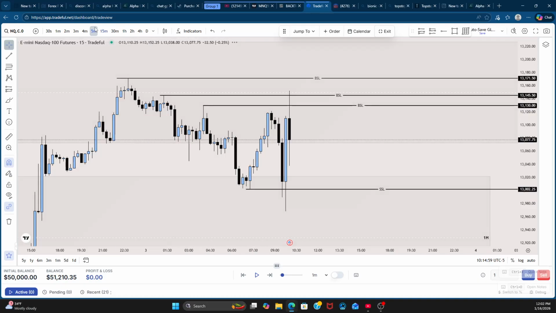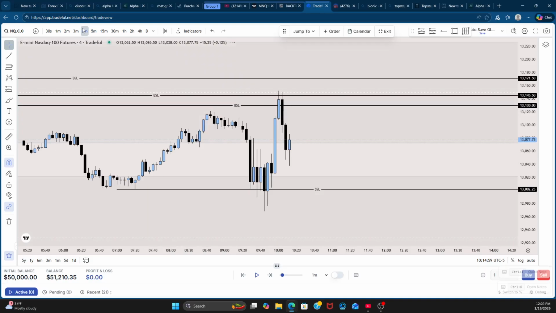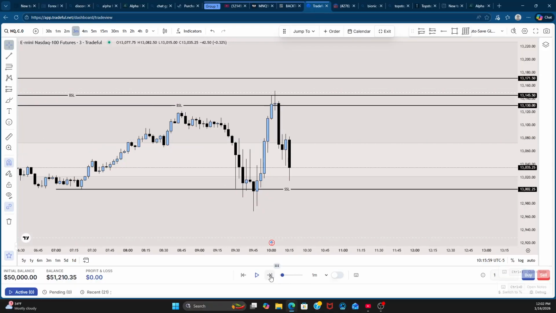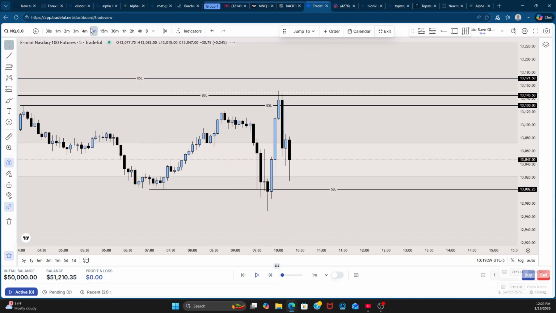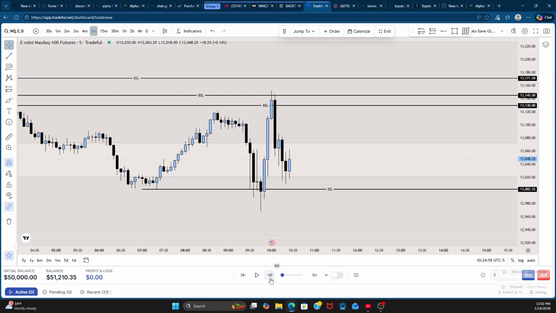We did sweep out some of these draws, but I do think we might want to return to them. It's 10:18. The 5-minute gave the inversion. I'm not targeting this low because you're targeting a low that just manipulated.